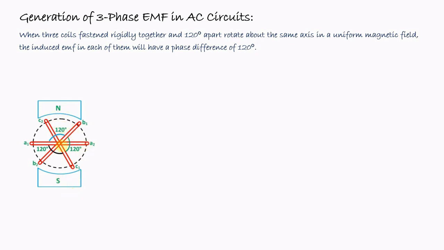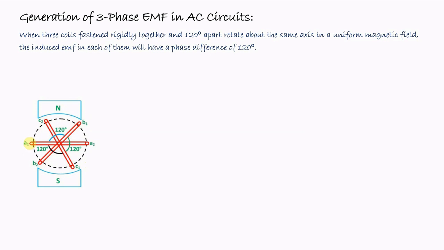Here we have used a uniform magnetic field and three different coils: A1, A2 is one coil, B1, B2 is another coil, and C1, C2 is the third coil. Remember one thing here, A1, B1 and C1 are the starting points of the coils, whereas A2, B2 and C2 are the end points of the coils.